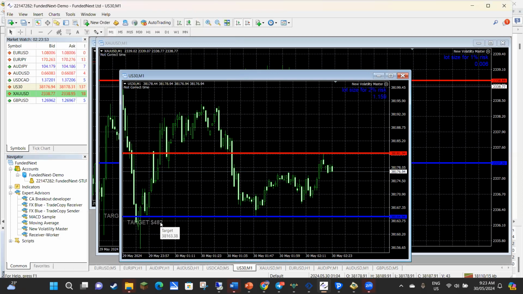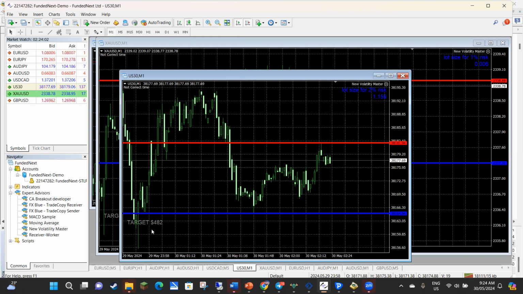You're going to take that loss, and it's going to come up here saying EP hit, so EP for equity protection hit, and then it won't trade for the rest of the day. At the start of each trading day, it's going to reset your target and clear any target hits or EP hits there are, and it will start trading again for you.